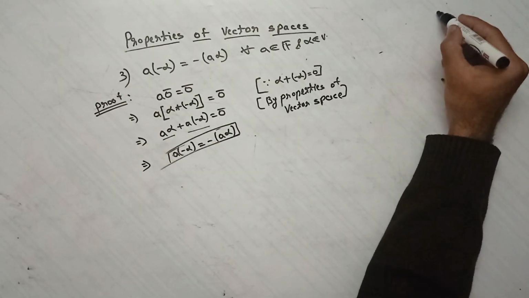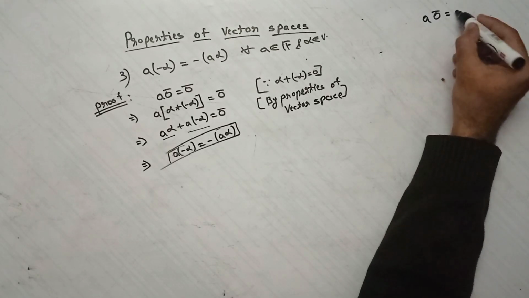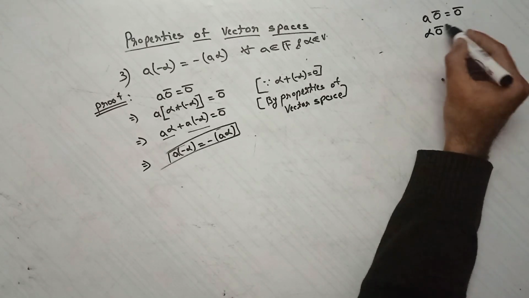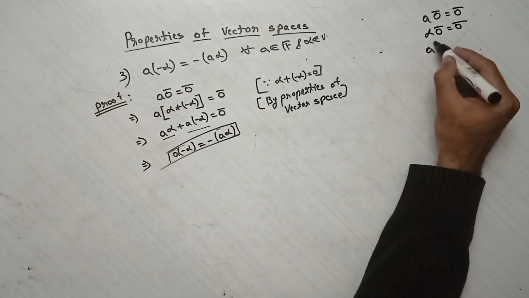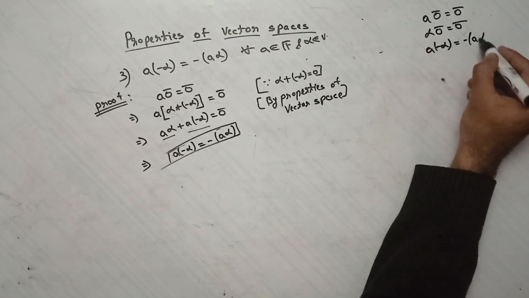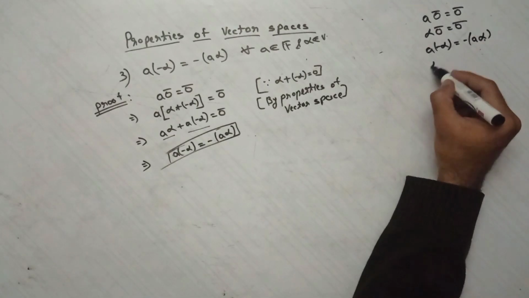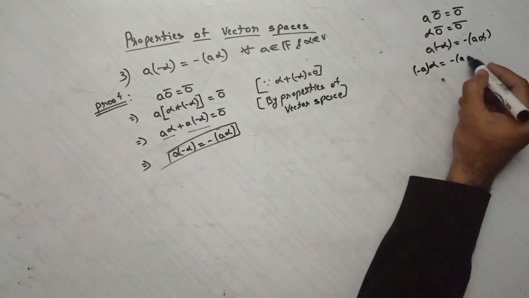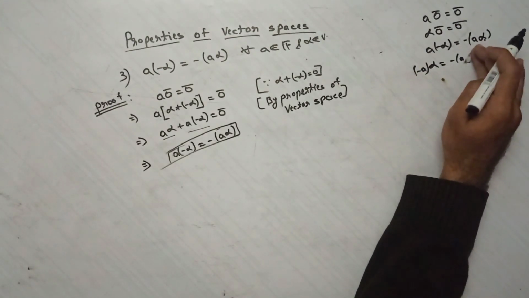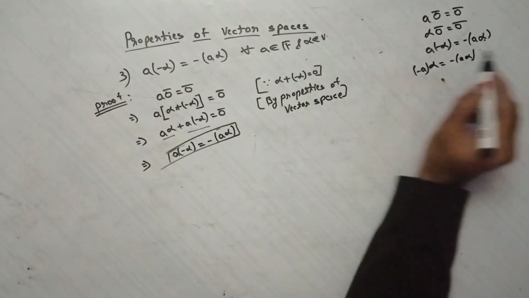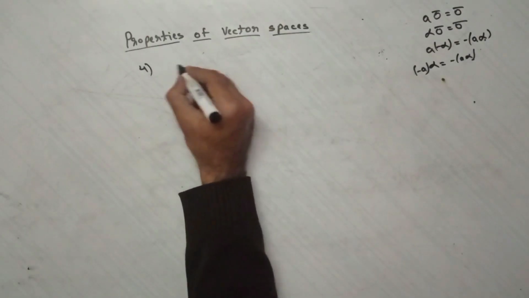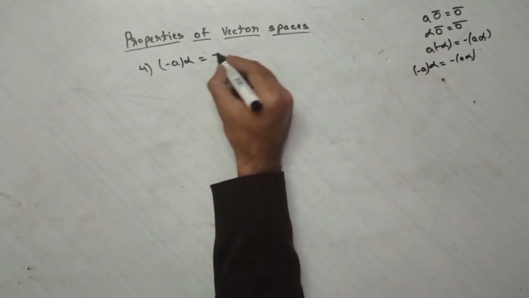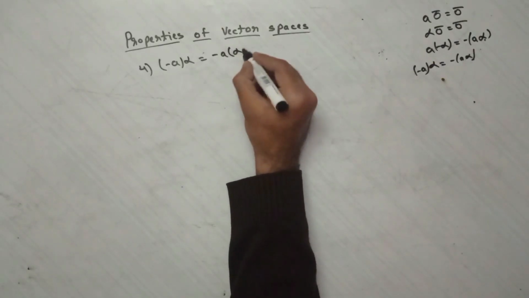First we proved that a 0 vector equals 0 vector. Second, we proved that alpha into 0 vector equals 0 vector. Now we prove that a of minus alpha equals minus of a alpha.